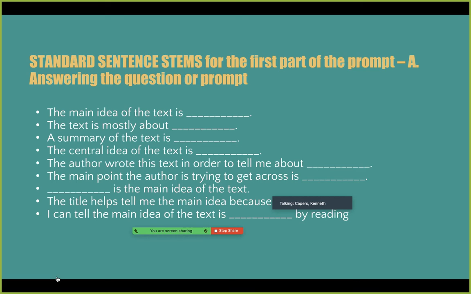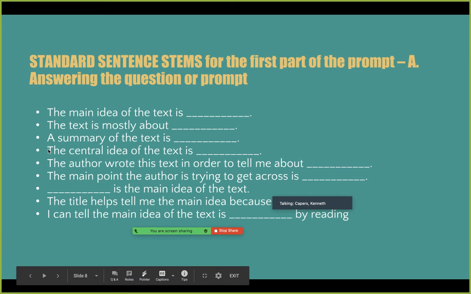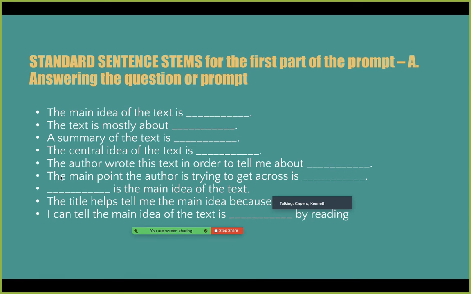I'm giving you sentence stems. This is for the first part of answering the question. The main idea of the text is this generation isn't as smart. The text is mostly about how that's good or not. You don't have to use my sentence stems, but I do think the first 4 or 5, I guess even the next one too, the first 5 or 6 are ideal.